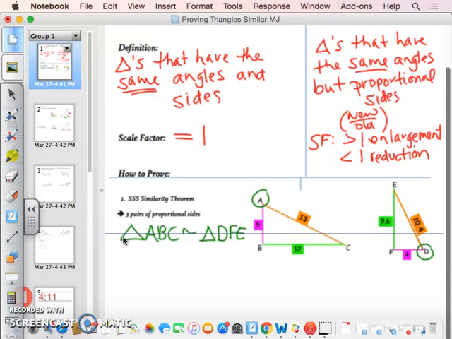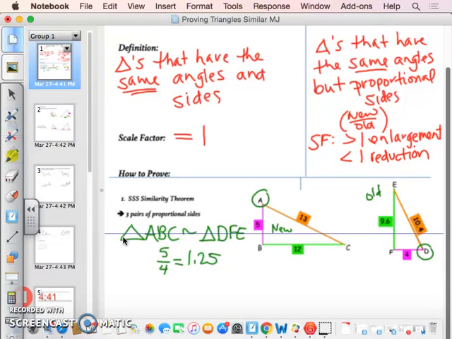So first I look at, let's say, the pink side. I'm going to say 5 over 4. I'm labeling this my new triangle and this one my old. So 5 over 4 is equal to 1.25. If I can get that same ratio for all the other side lengths, then I know my triangles are similar.